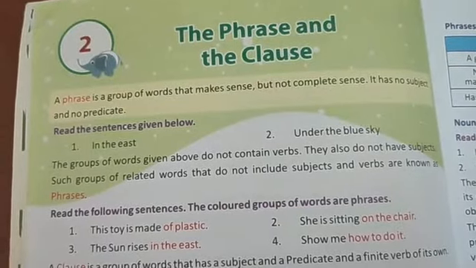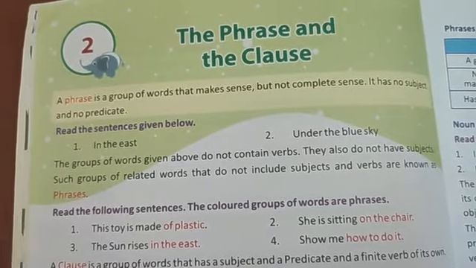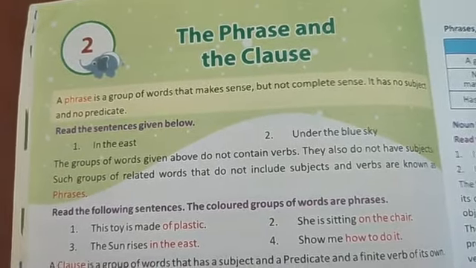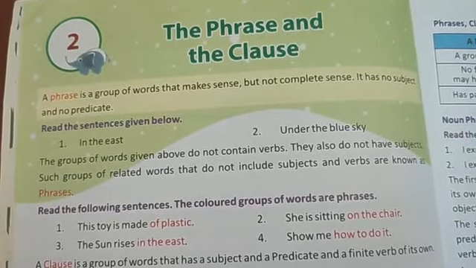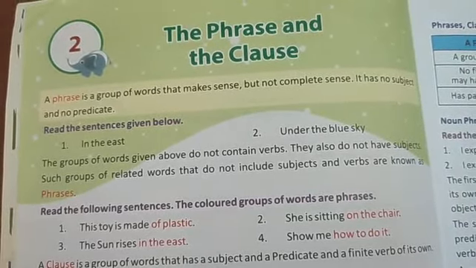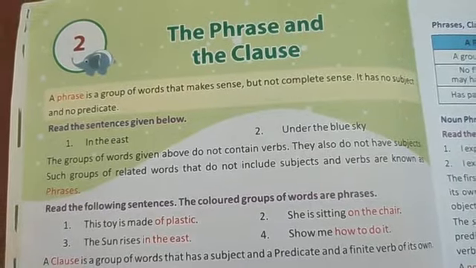See, first the definition of phrase is given. What is a phrase? A phrase is a group of words that make sense but not a complete sense. It has no subject and no predicate.